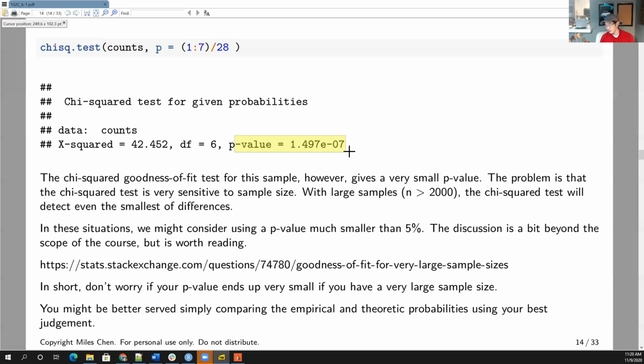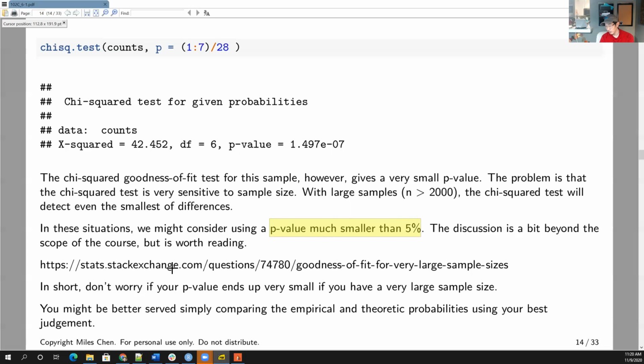Okay, and so in some of these cases, it might make sense to use a p-value threshold much smaller than 5%. Maybe on the order of like 10 to the negative 10 or something like that. Okay, the discussion regarding this is a bit beyond the scope of the course, but it's worth reading.